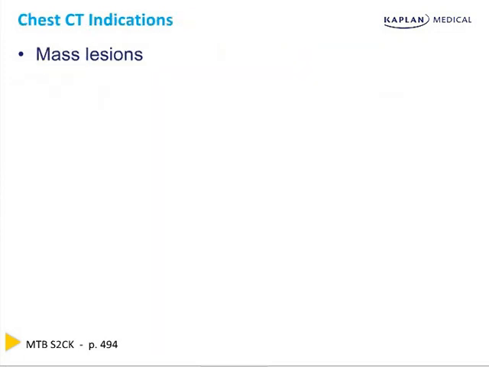The final high-yield indications for CT on your exam are in the thoracic cavity, as chest CT is a fantastic way to evaluate pathology in the lung tissue, as well as in the vessels of the heart and lung. While chest X-ray is the first-line test if a patient presents with cough or hemoptysis, anytime a possible mass lesion in the lung is seen on X-ray, it must further be evaluated with CT, which can provide more detail about the size and structure of the lesion.